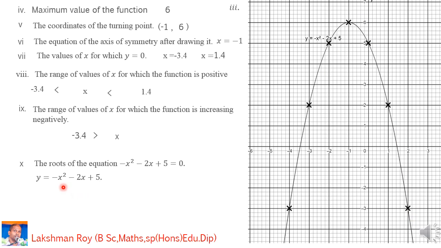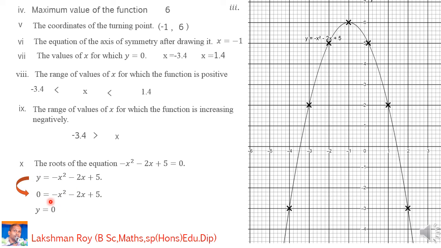What is the difference between the two? This is the function, this is the equation. In this equation y is 0, right? You can see here y is 0. So in this function, if you make y 0, you get this type of quadratic equation.